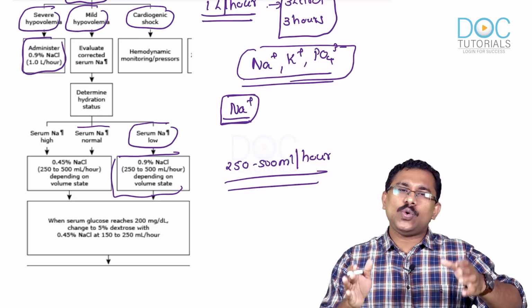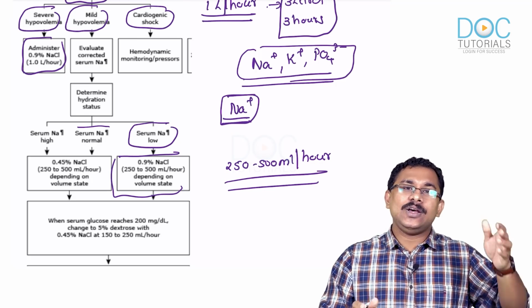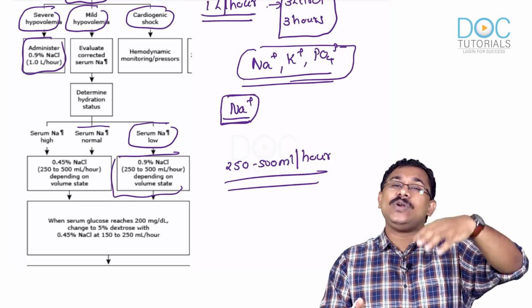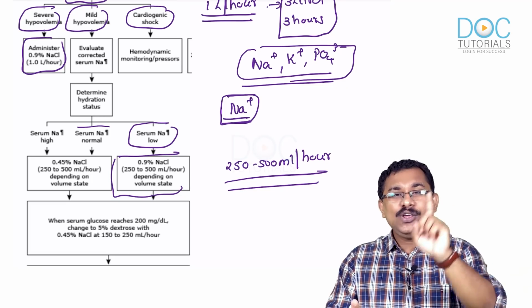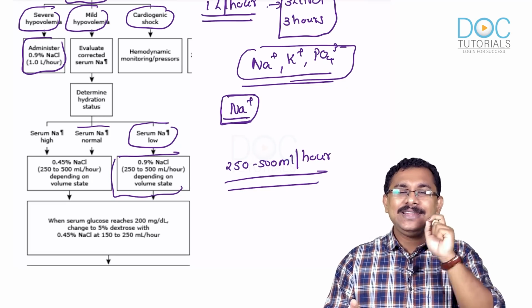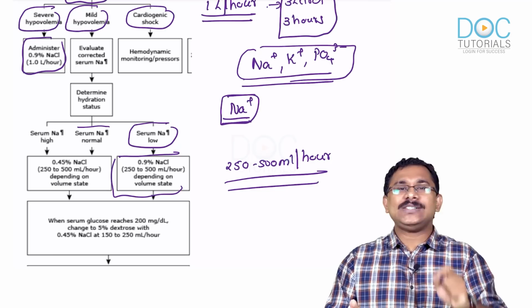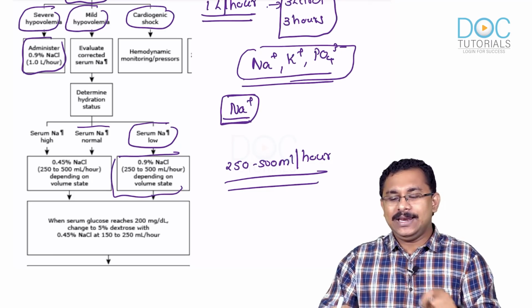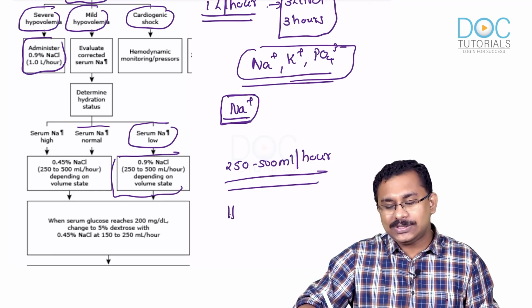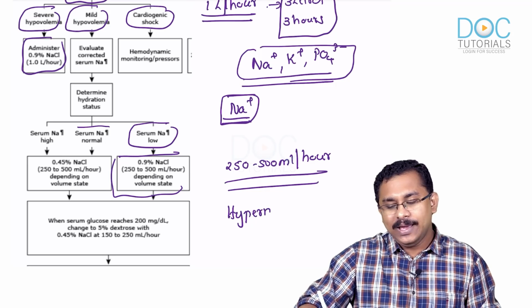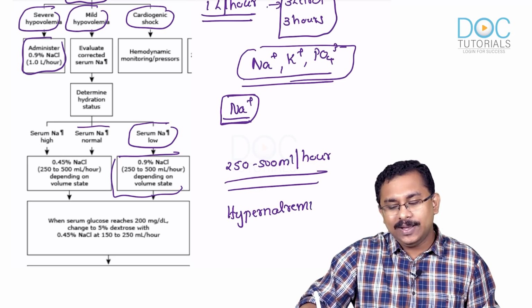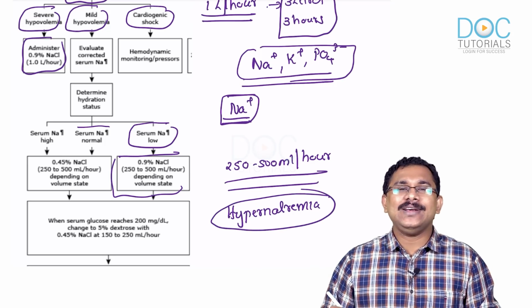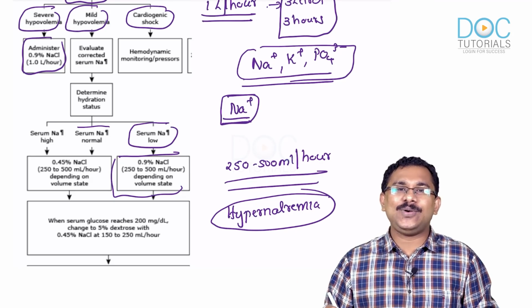Now, what if the sodium level has normalized, or when you are checking you find the sodium level is increased? Will you continue with normal saline? The answer is no. Because if you continue with normal saline, you are likely to produce hypernatremia. And you know that hypernatremia is also not good for your brain. So you do not want hypernatremia to develop.